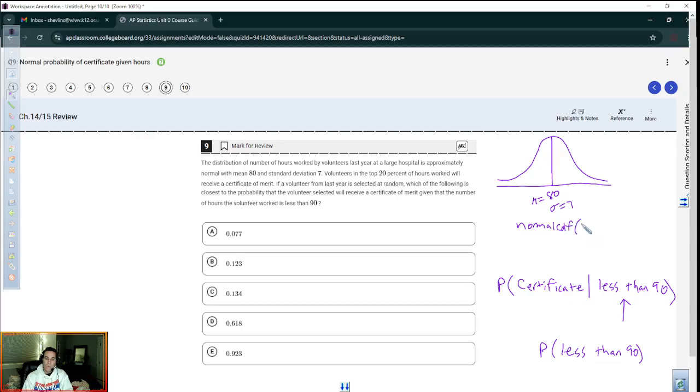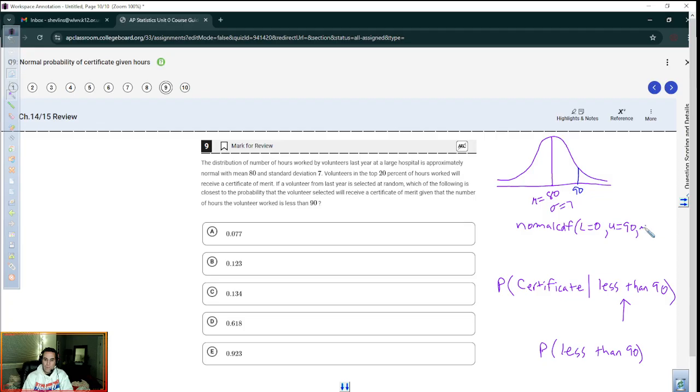We're going to go lower boundary. You could put 0, you could put negative infinity, it doesn't matter. Upper boundary is going to be 90. We're going to go way out here somewhere, 90, and calculate the area less than that.